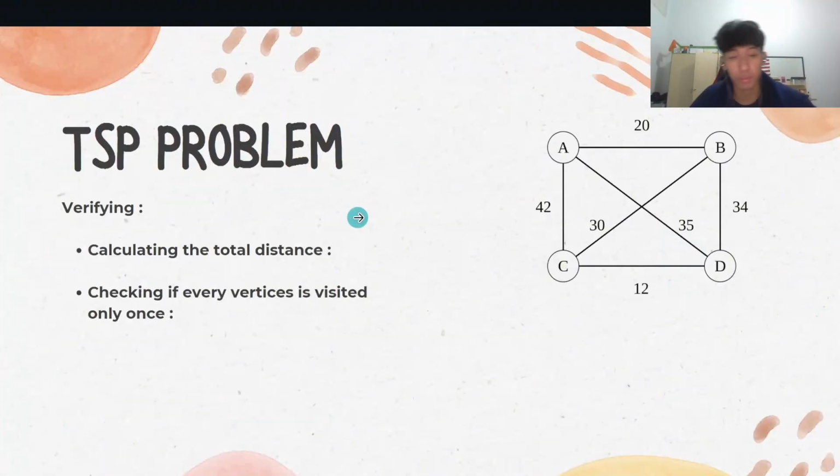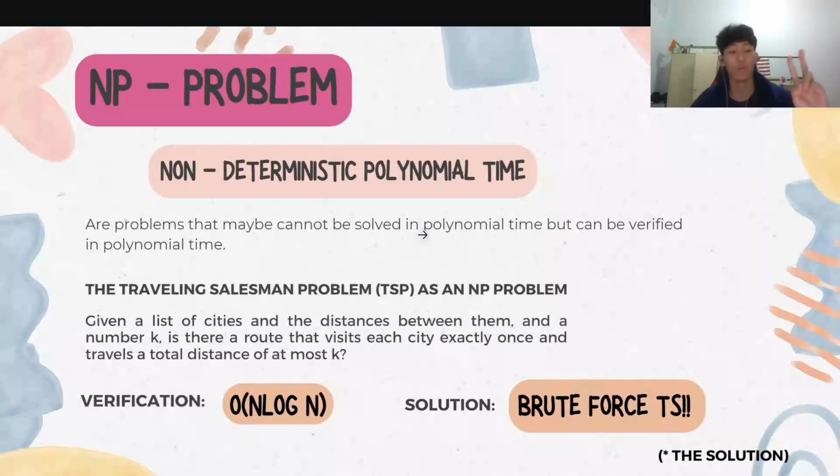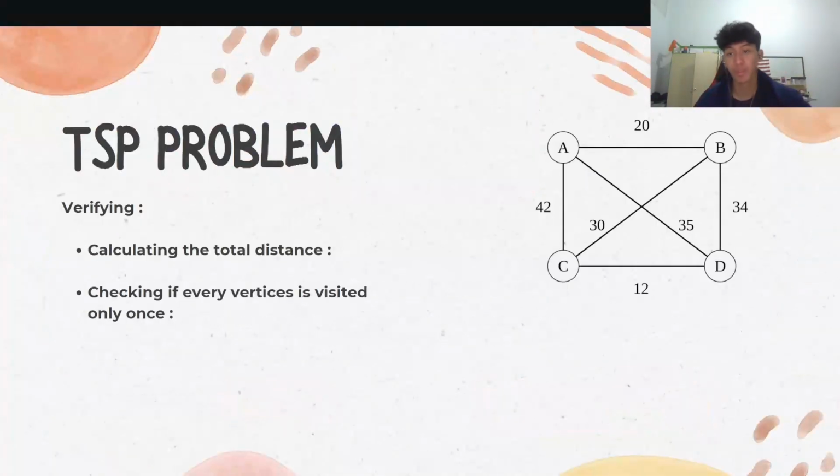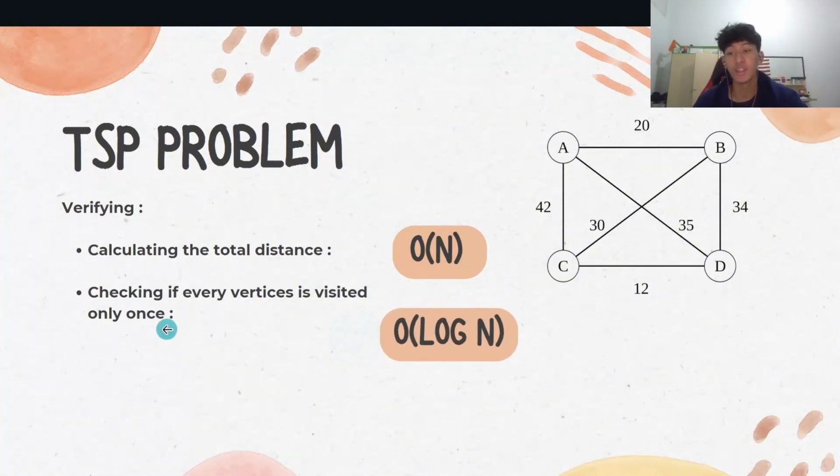How can we actually verify a TSP problem? To calculate the total distance, because we have n vertices, we just need O(n). And to check that every vertex is visited only once, for each vertex we need a complexity of O(log n).